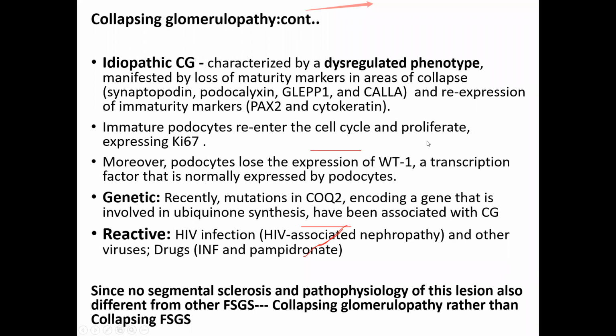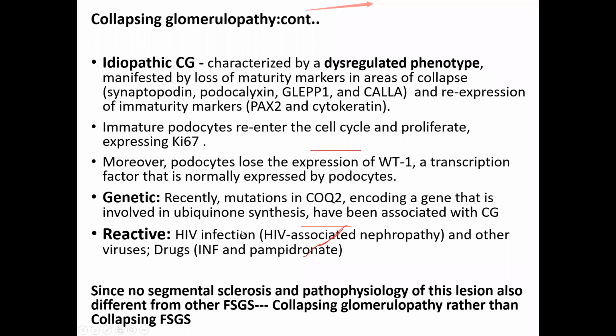Usually podocytes will not proliferate, but in collapsing glomerulopathy, because of this dysregulation, the podocytes re-enter the cell cycle and start proliferating. Ki-67 is a usual immunomarker to assess podocyte proliferation in collapsing glomerulopathy. Moreover, the podocyte loses expression of WT1, a transcription factor normally expressed by podocytes.